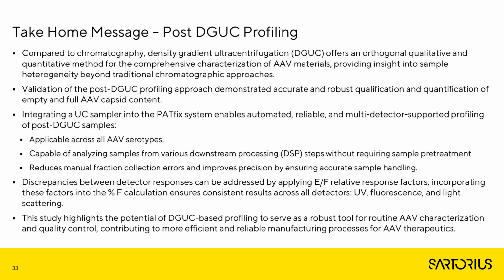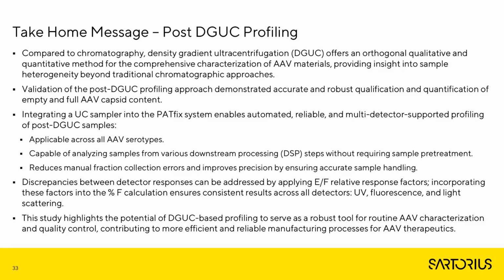So we can see with ultracentrifugation things that we cannot see with chromatography. Validation of the post-DGUC profiling approach demonstrated accurate and robust qualification and quantification of empty and full AAV capsid content. So this approach is completely on par with chromatography, for example.